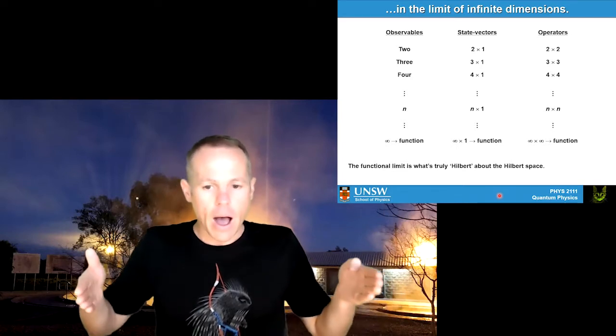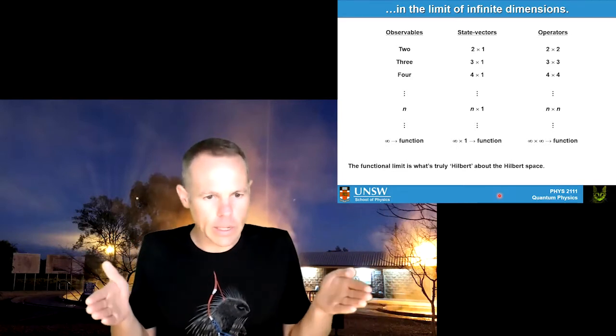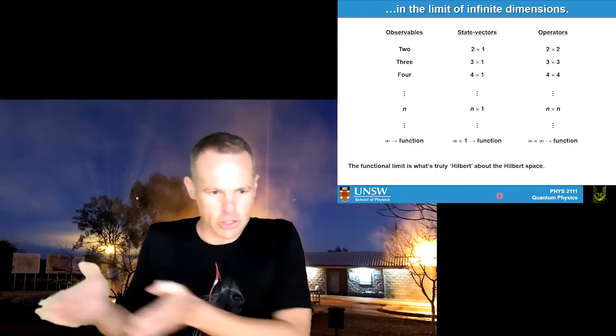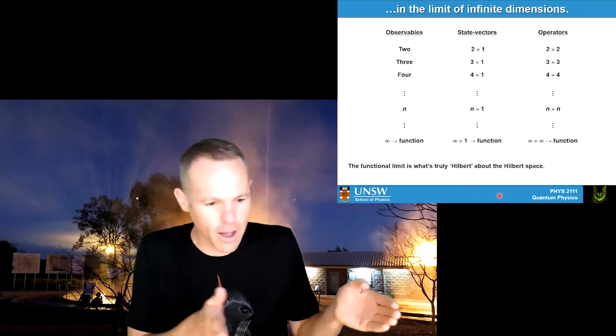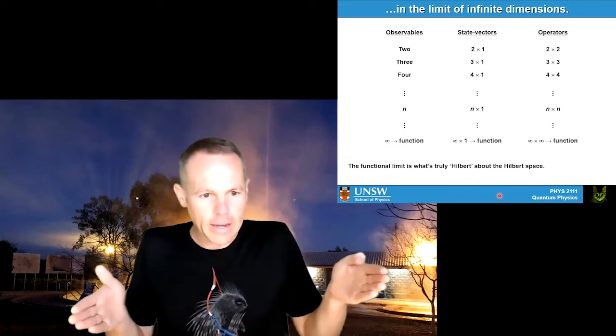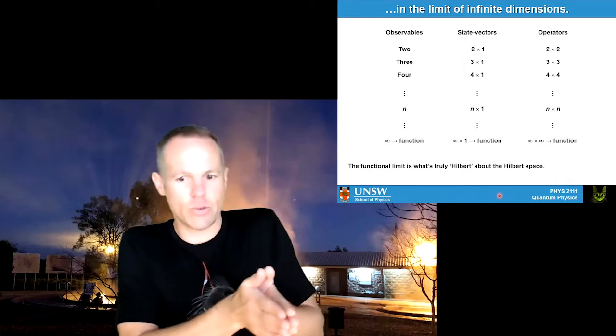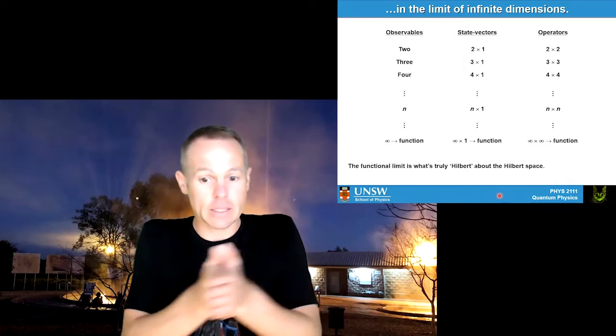So what we do, at least as far as the physics is concerned, and I'll let the mathematicians prove the aspects of this for you in other courses, is you can more or less make the step from thinking about vectors to thinking about functions in the same way.